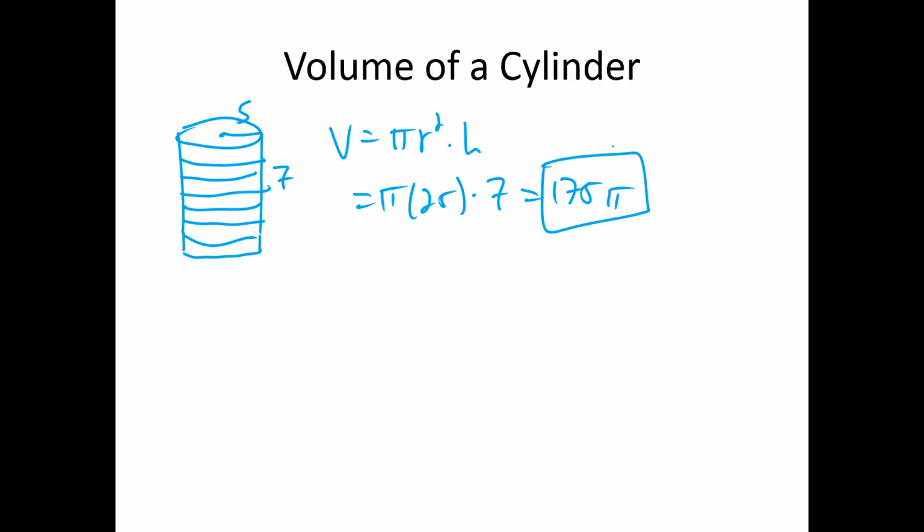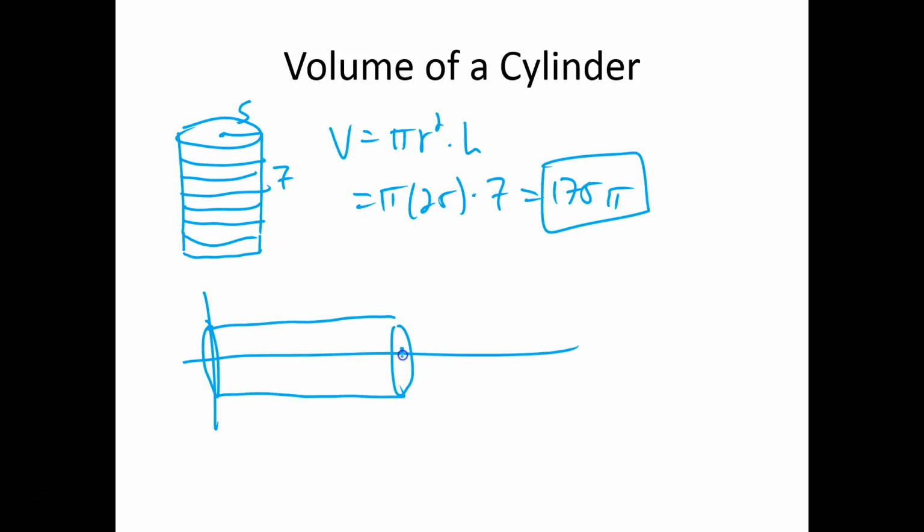Now there's a different way to do this problem, and it's gotten at by thinking about separating these into disks. If we put this on an axis instead, so this would be x is 7, and our radius is still 5, so this I guess would be 5 and negative 5.